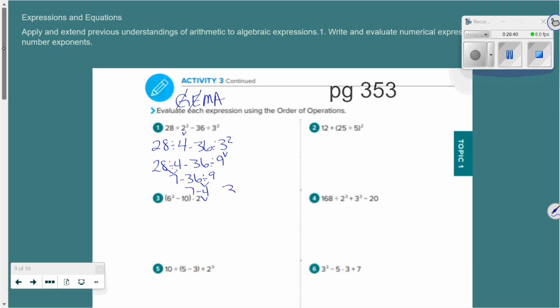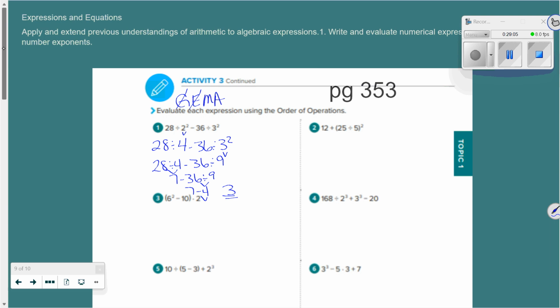Now I'm down to just the subtraction, so this answer is 3. Does this make sense? Guys, that may look like a lot. Did that take long? No. But if you will rewrite it, you will do it one step at a time. You're going to be accurate. You start taking shortcuts, you will get it wrong.